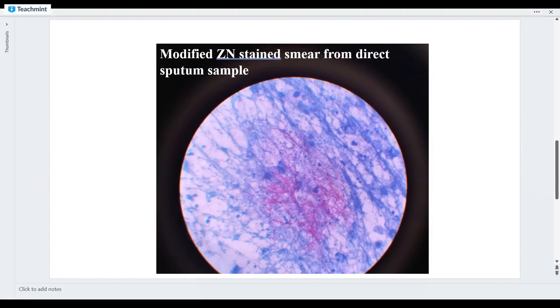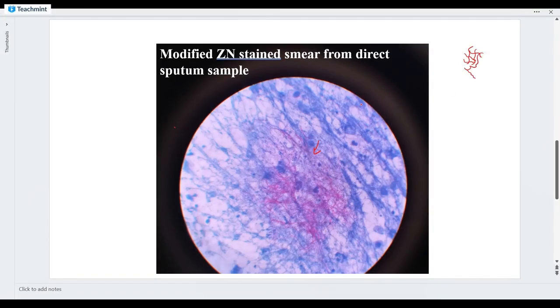And you may see in the slide that there is a filamentous structure. This is the most important point regarding Nocardia. There are lots of filamentous structures.